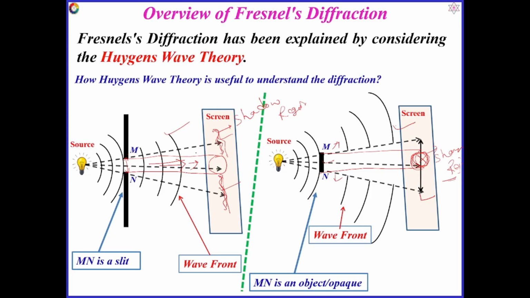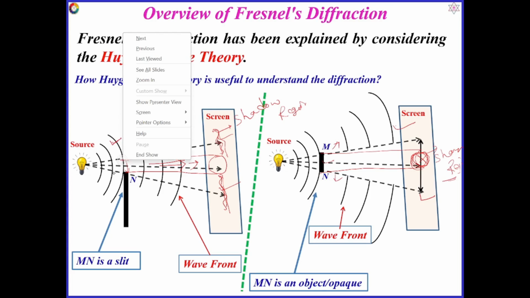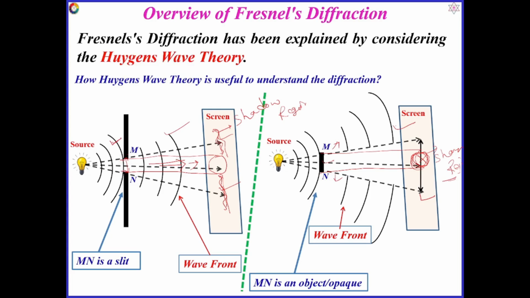Here we are going to understand; you have to watch carefully. Consider this wavefront strikes this slit. So this much portion of the wavefront travels through this slit, and this portion is obstructed by this opaque region. So this much portion of the wavefront moves to the next side of this slit.